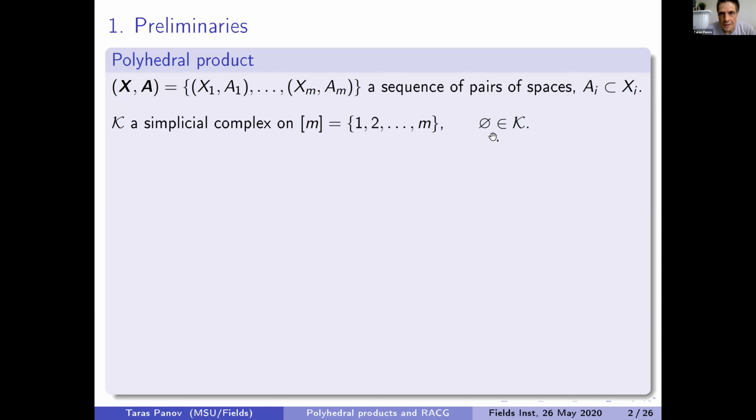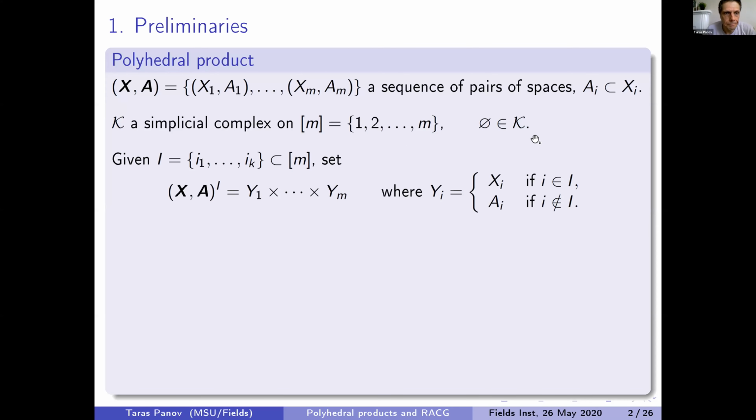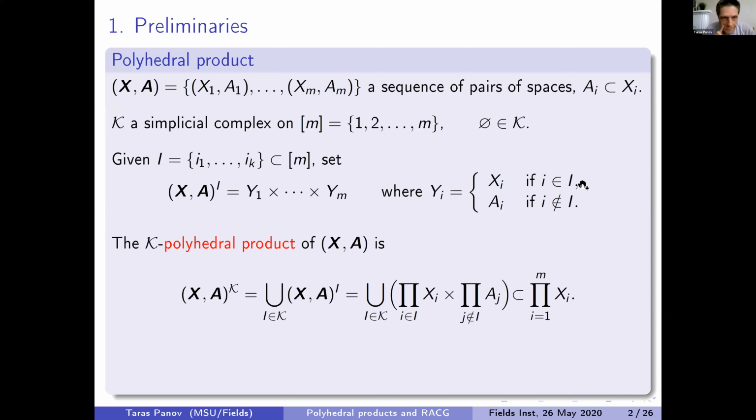We always assume that the empty set is a simplex. Then for each subset I, we prepare a subproduct in the product of X's. In the usual way, we take the smaller space A_i if i is not in this index set, and we take the bigger space X_i if i is in the index set. And then we form the K-polyhedral product of this sequence as a union of all those subproducts over all simplices in K.